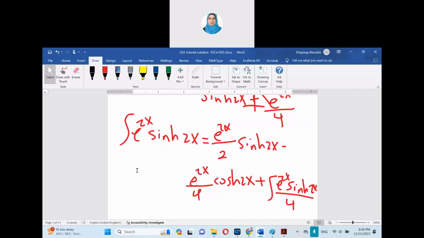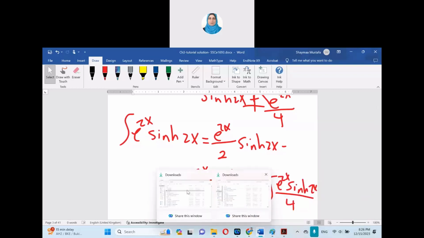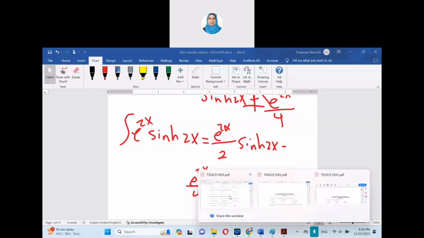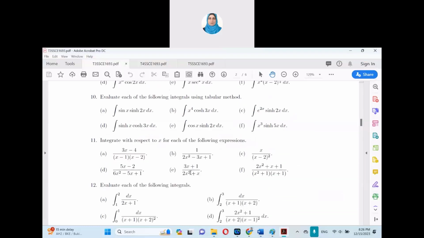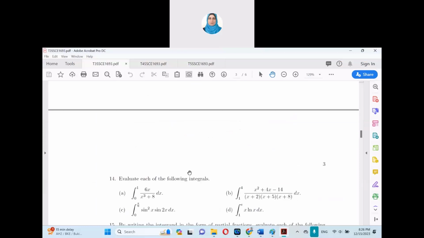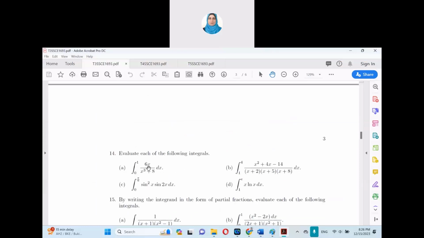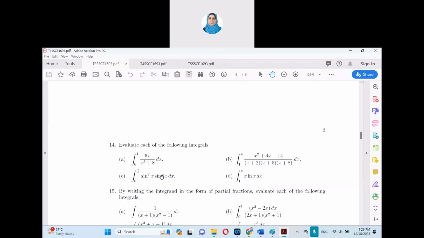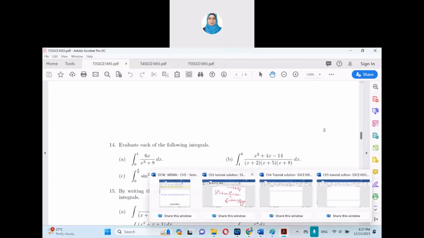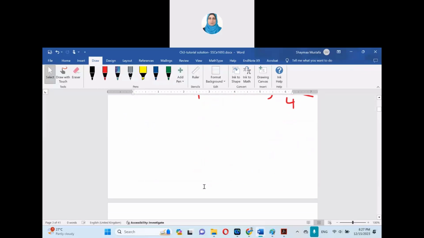We have question 14a. This one is partial fraction.